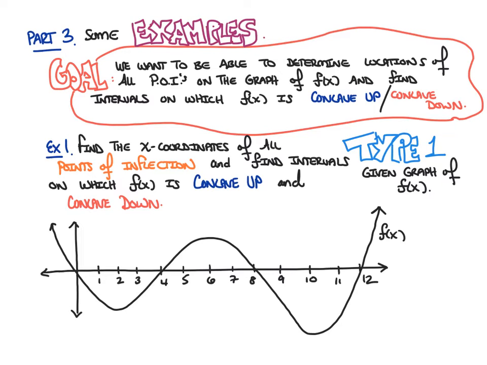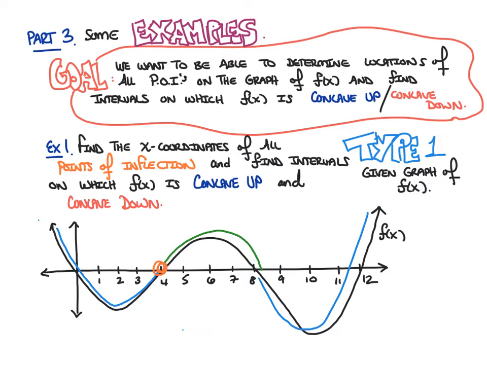But I'm going to go with my blue marker, and I'm going to start on the left. I'm on a cup. I'm part of a cup here. All right, and then it seems like my cup is ending, and I'm turning into a frown. All right, so here's my frown. And then it seems like my frown is ending somewhere around there, and I turn into a cup.